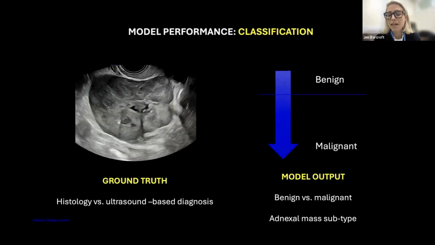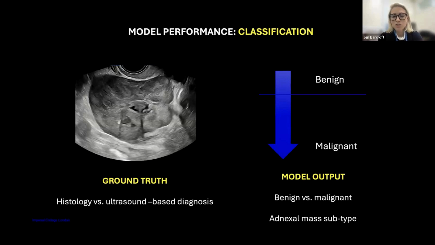And then when we're thinking about the overall model performance, with radiomics it's about establishing what the ground truth is. We have done a lot of work into understanding and setting the standards for what we define as the ground truth. The reason why this is important is largely because of avoiding skewed data sets.